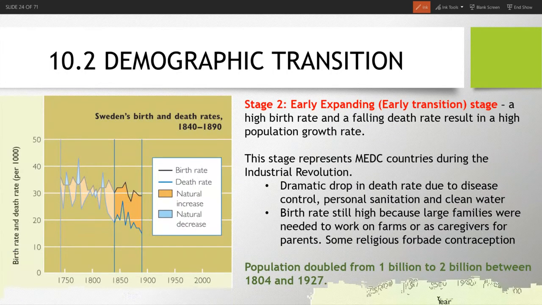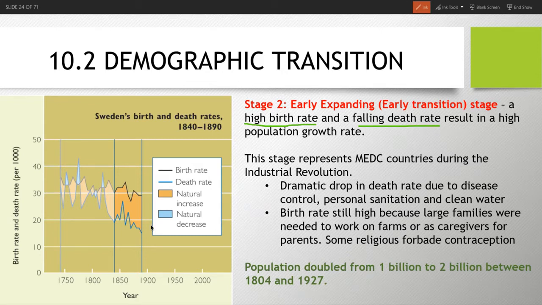So stage two is called early expanding. And this is the period when the population starts to increase, or we start to see a high population growth rate. So this is due to a high birth rate and a falling death rate.